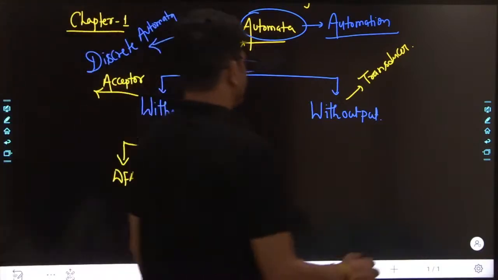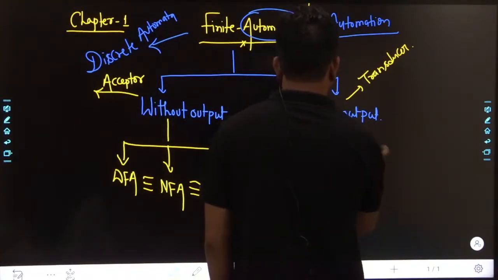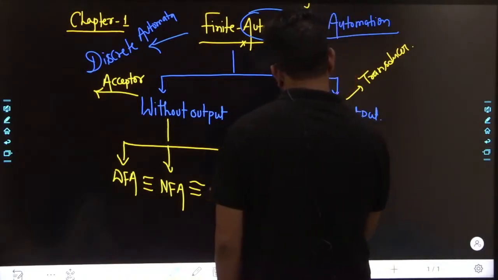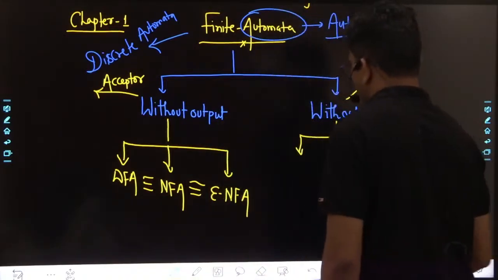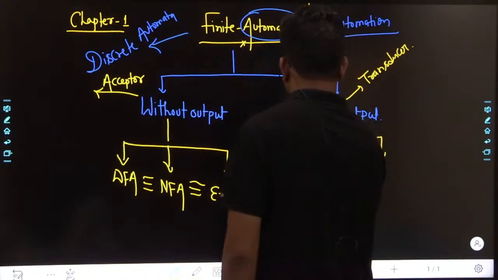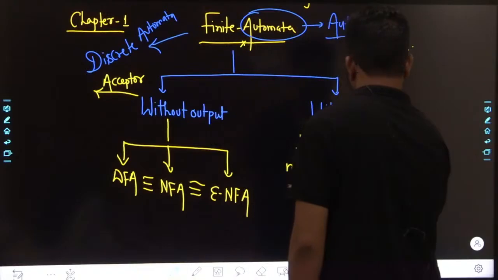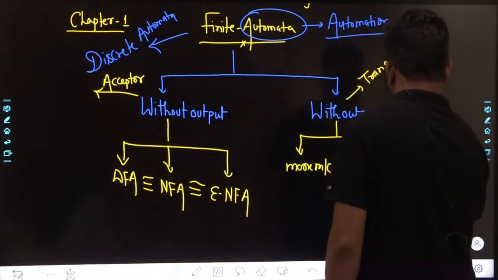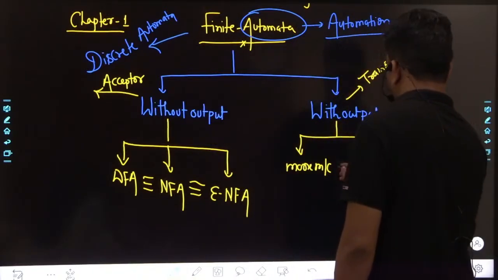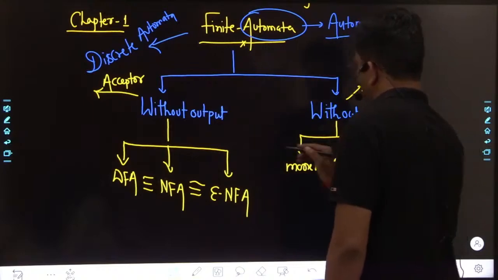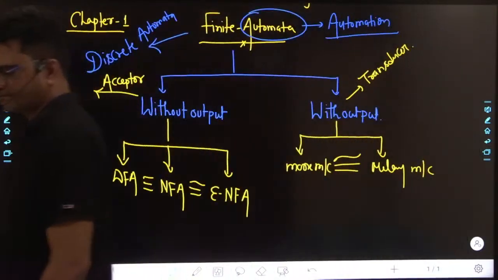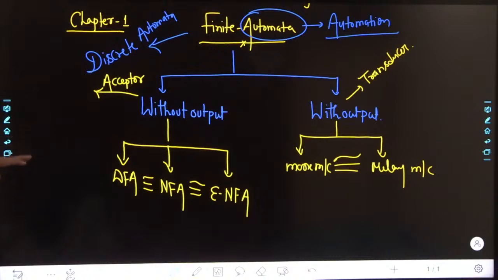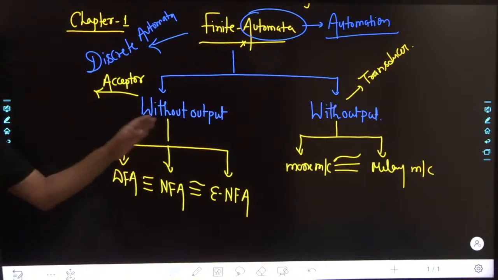Now, with output is again classified into two categories: Moore machine and Mealy machine. Again, the power of Moore machine and Mealy machine are the same. So we will discuss each and everything one by one.